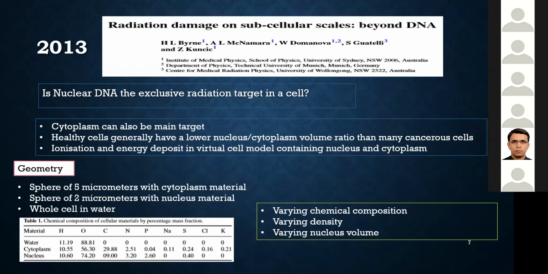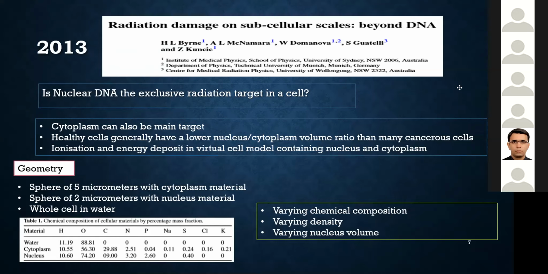And why is this important? Healthy cells generally have a lower nucleus to cytoplasm volume ratio than many cancerous cells. This means that for healthy cells, the cytoplasm is generally, not always, a little bit bigger than the nucleus. Well, the volume ratio, right?